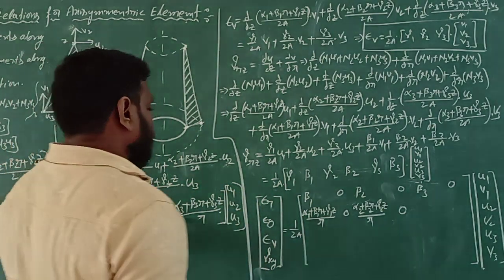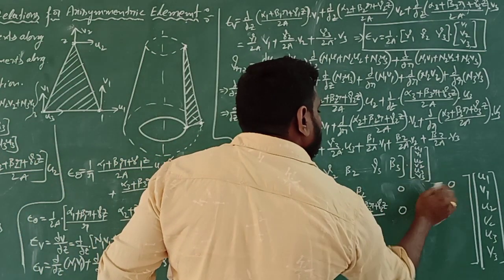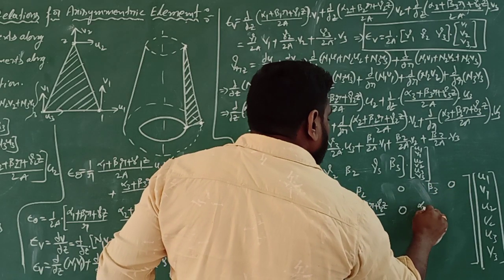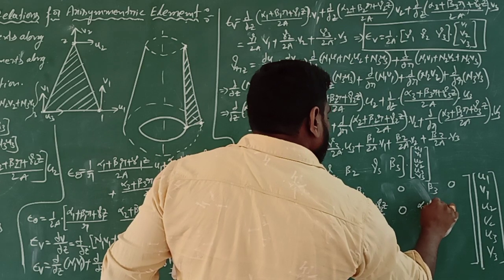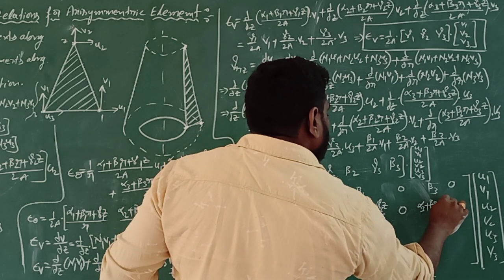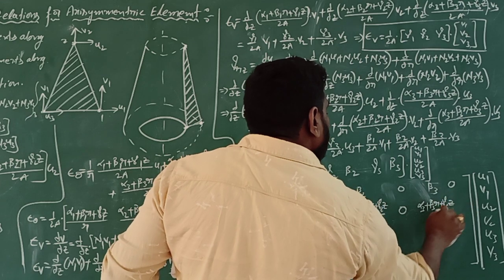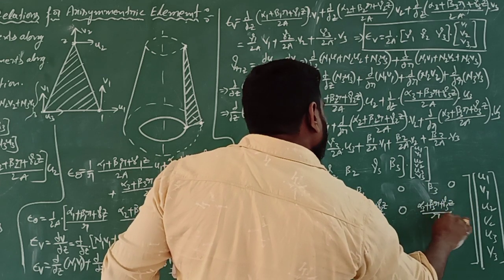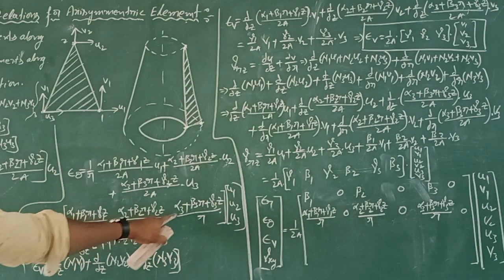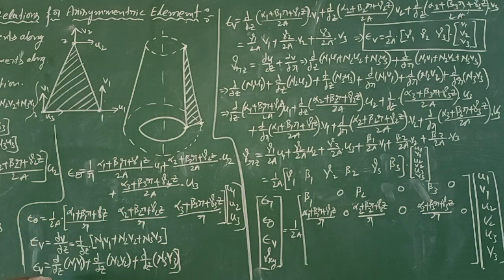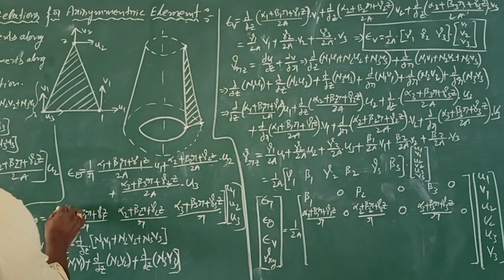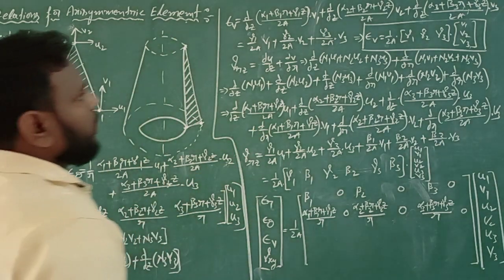Next, alpha 3 plus beta 3 r plus gamma 3 z divided by r, and then 0. Okay, this is the second equation. Next, the third equation is there.